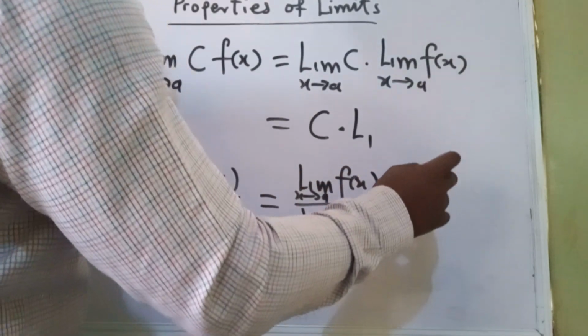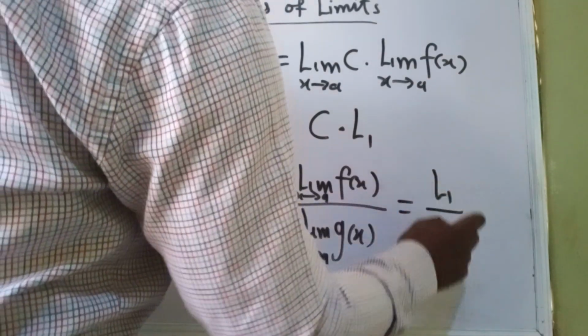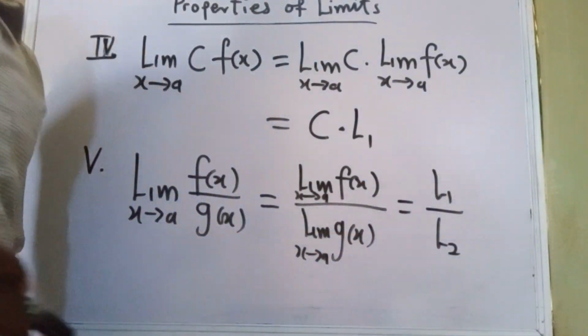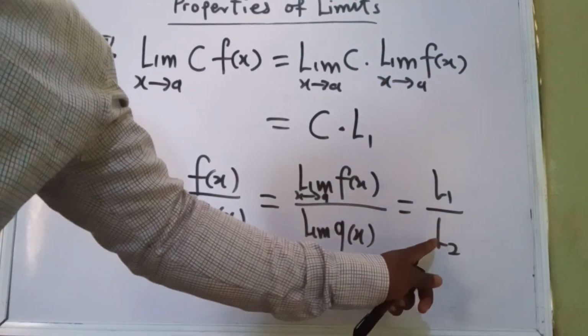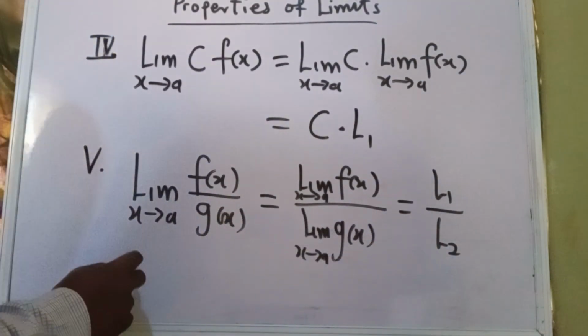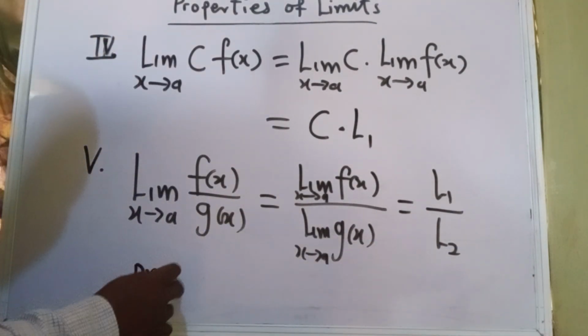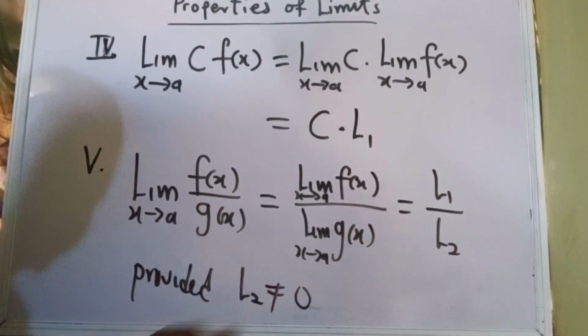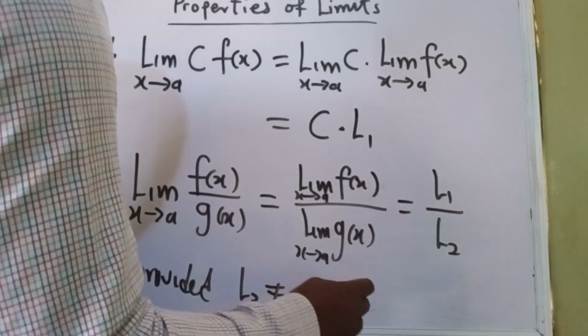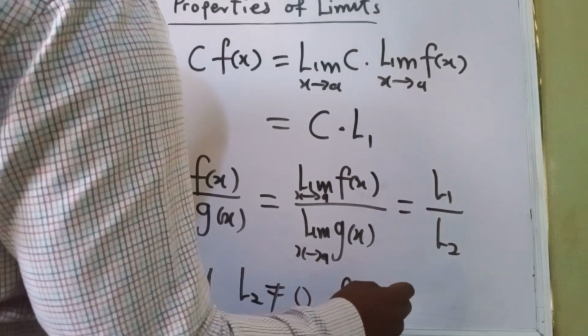Again, this will be L1 divided by L2. For this limit to exist, it must come with the condition that the denominator must not be 0 for each x.